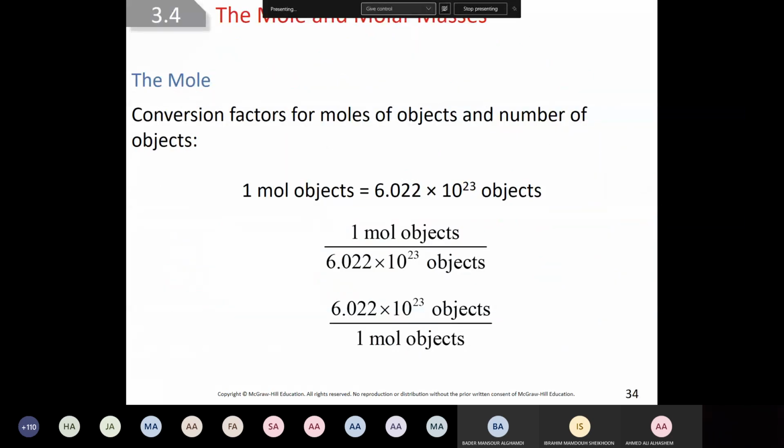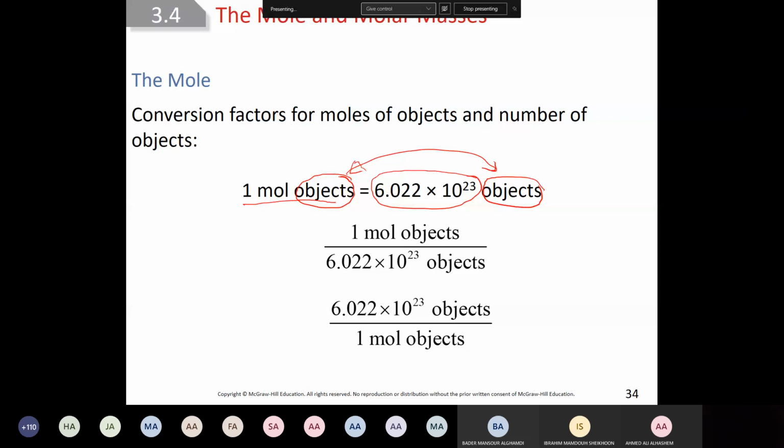Very good. So, as I told you in chapter 1, whenever you say 1 mole of any object, it is equal to Avogadro's number of the same object. We can do it like this to get rid of numbers.